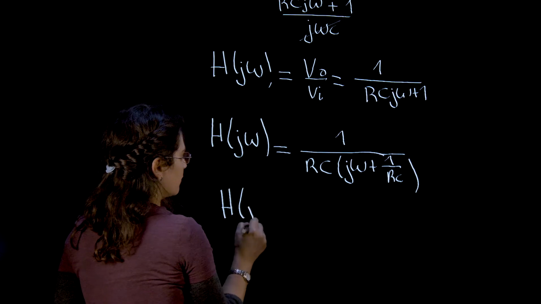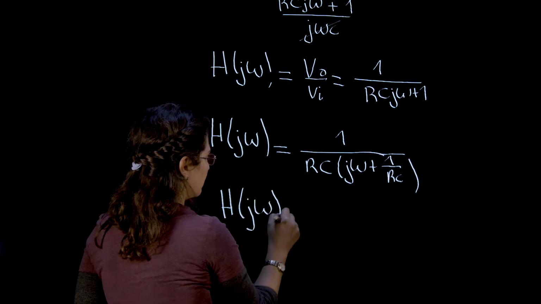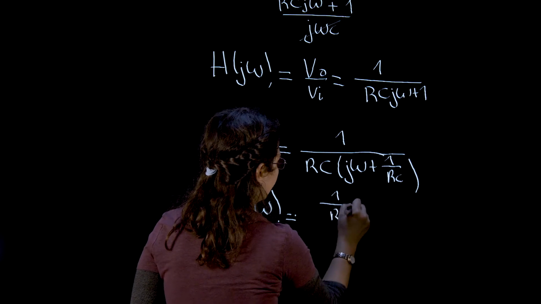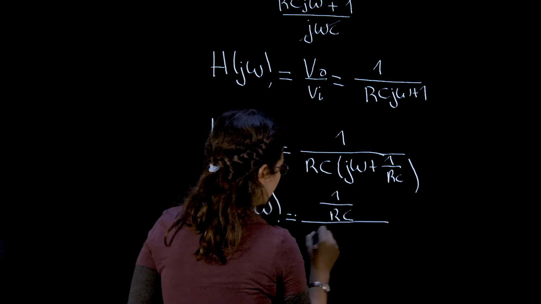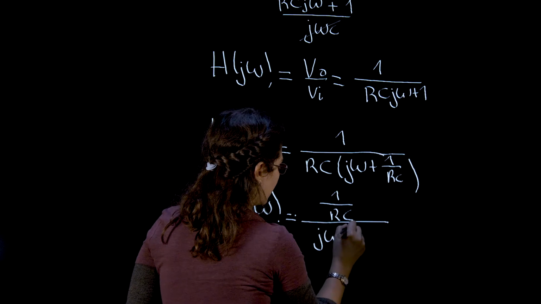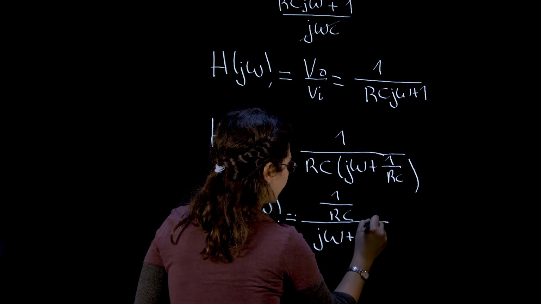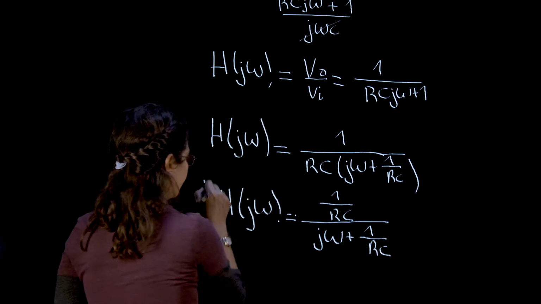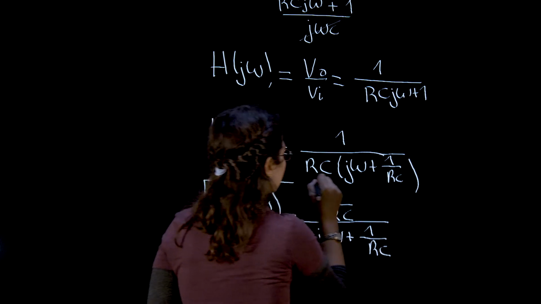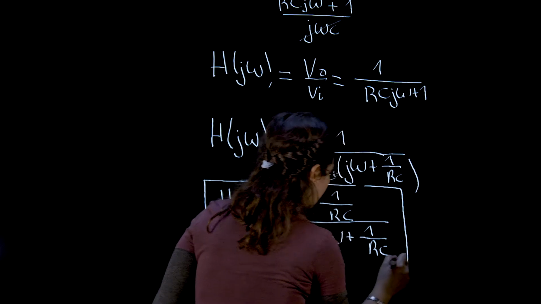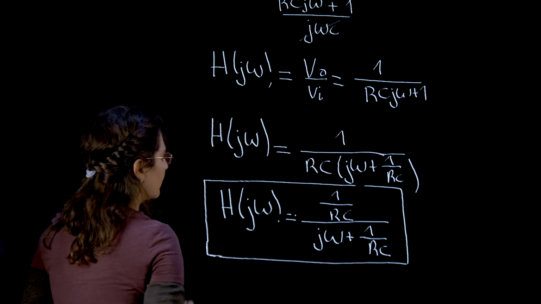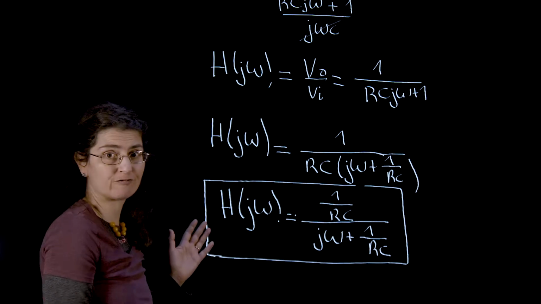So my transfer function is 1 over RC over j omega plus 1 over RC. So that is my transfer function.